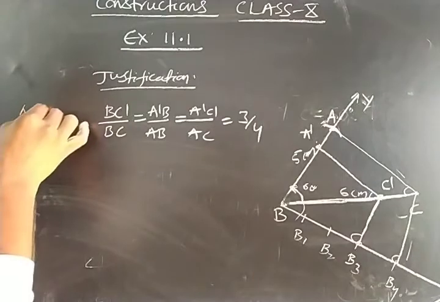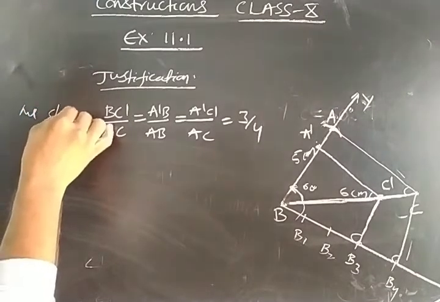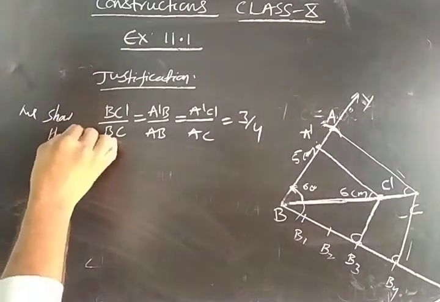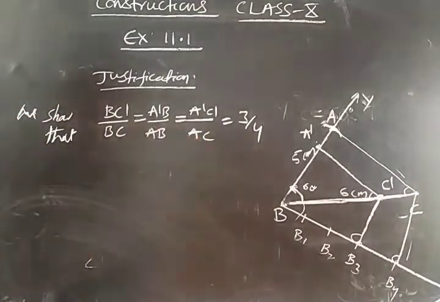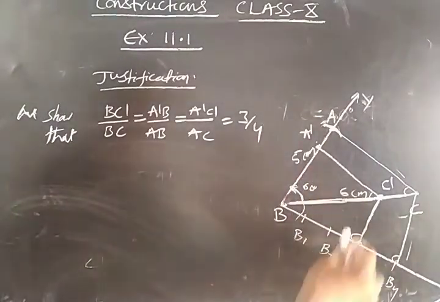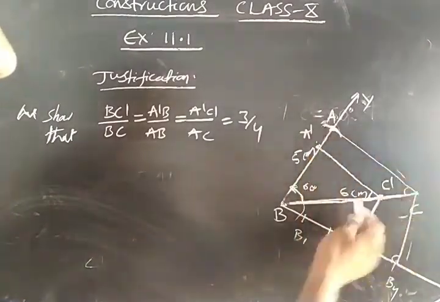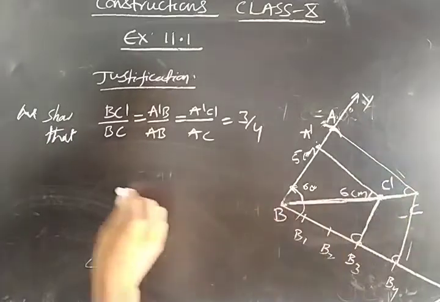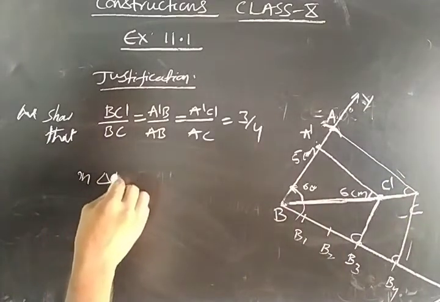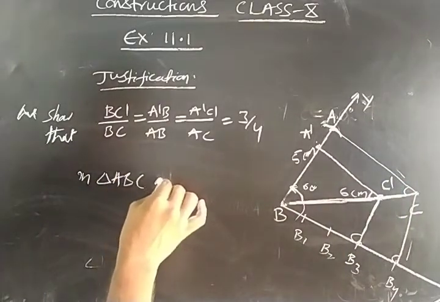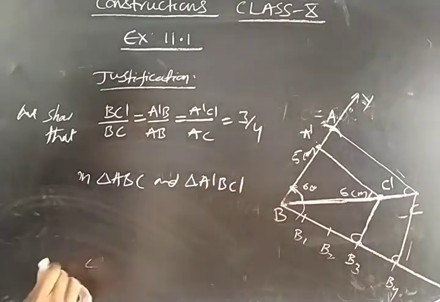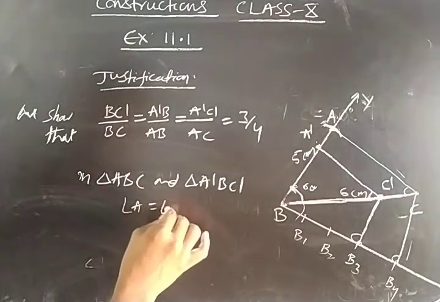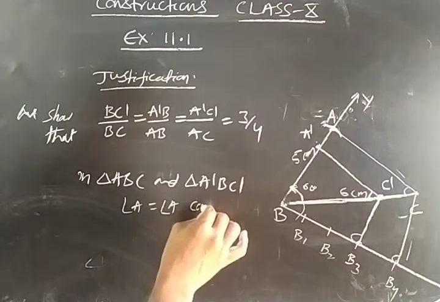We have to show that these three ratios are equal to 3/4. Right. For that, see this triangle, and above the BC we have two triangles, triangle ABC and triangle A dash B C dash. Angle A is common.